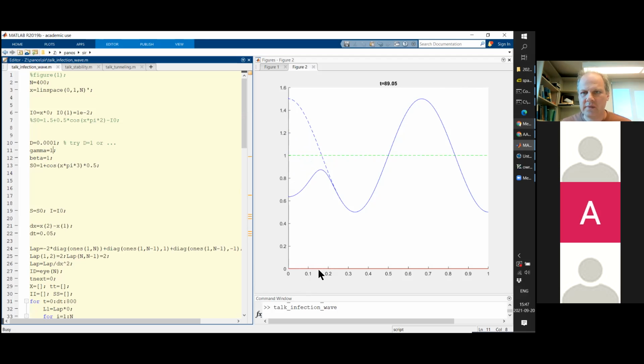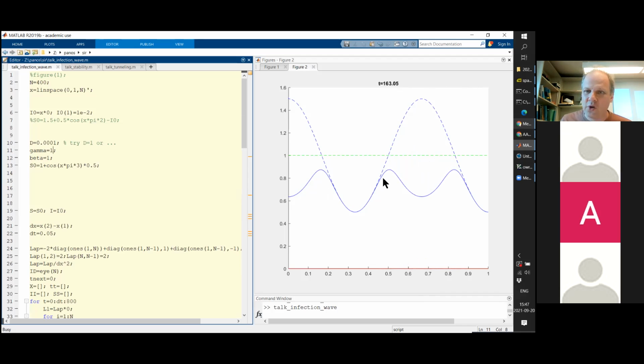See? Oh, wait a minute. What's going on in here? Suddenly, the infection reappears at the maximum peak here after some time, and this area also gets infected. So even though there's a buffer zone between these two infectious areas, the disease is able to sneak through this buffer zone.